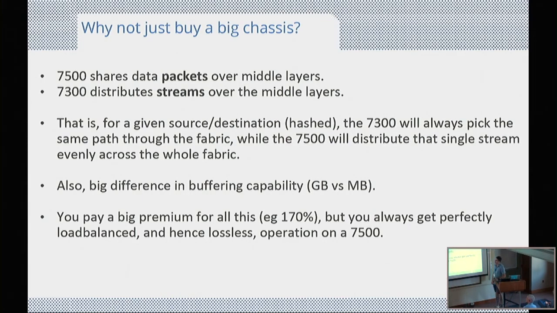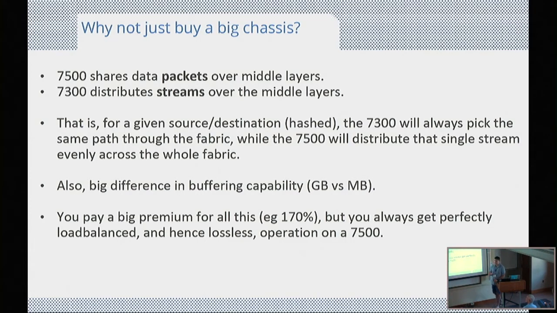The 7500 does what I described as option 2. It shares data packets over middle layers. So any packet that comes in, it distributes across all of the switches in that middle layer. The 7300 distributes streams over the middle layer.